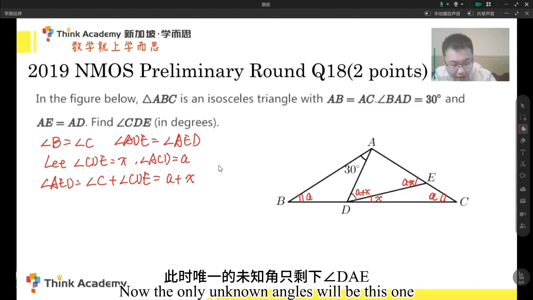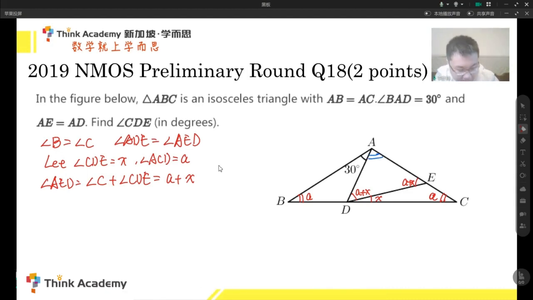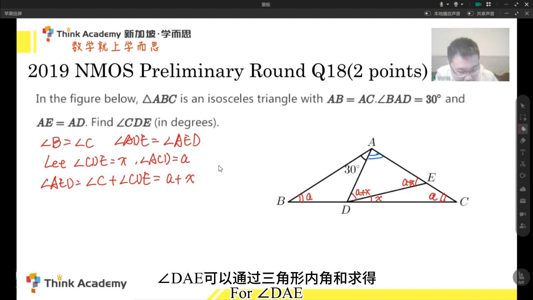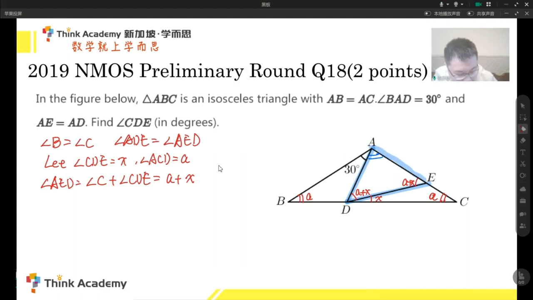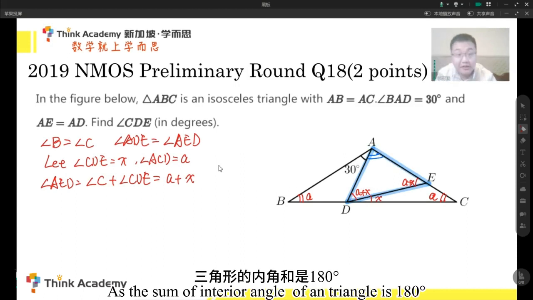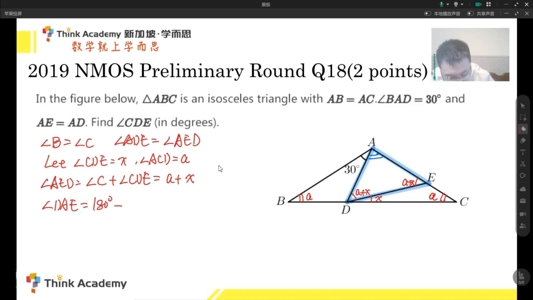Now the only unknown angle is this one, DAE, right? For DAE, we can use the interior angles in this triangle ADE. As the sum of interior angles of a triangle is 180 degrees, we can calculate DAE to be 180 minus 2 times (A plus x).